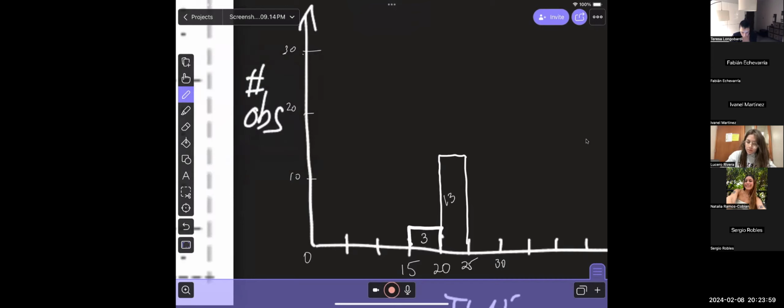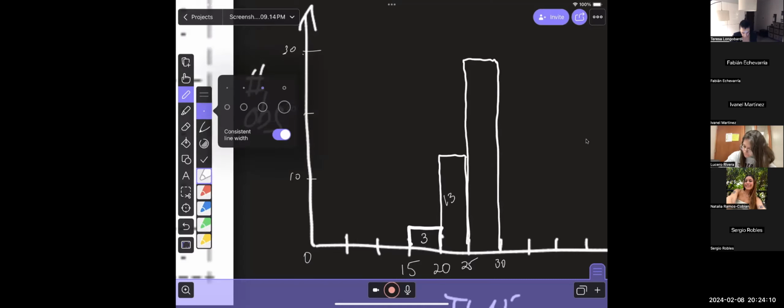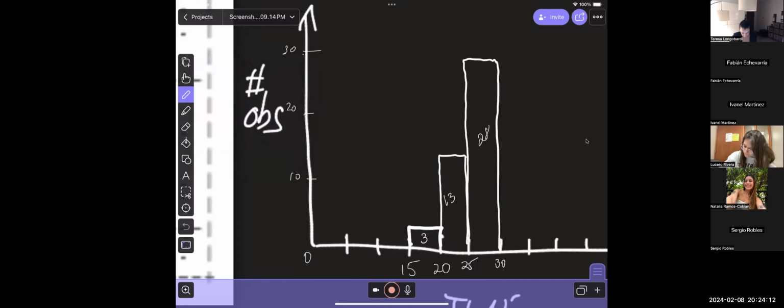How many? That's 28, right? Yes, 28. You can also use a ruler. I'm not using a ruler here. That's 28. And the next one is 13 again.